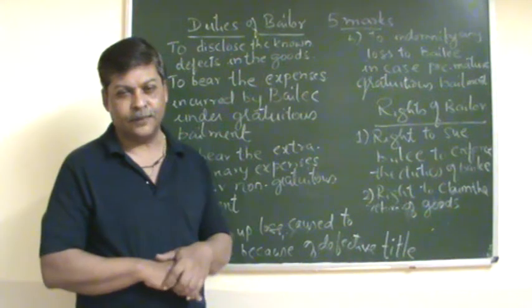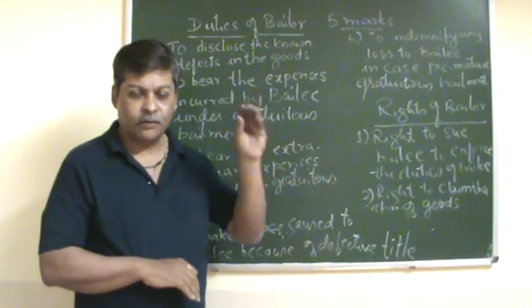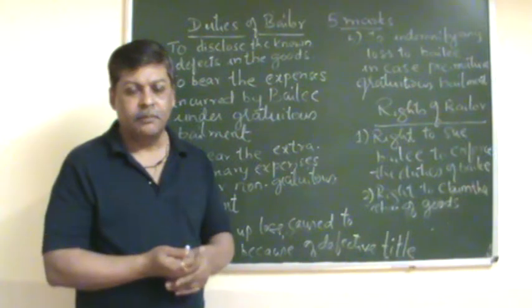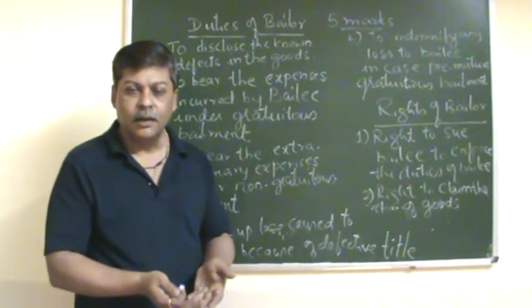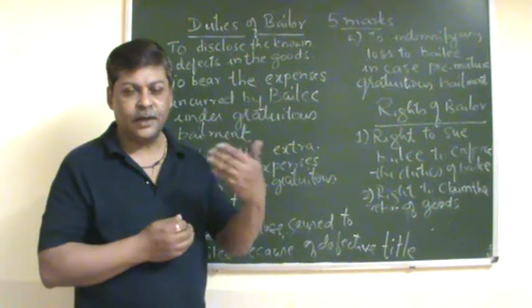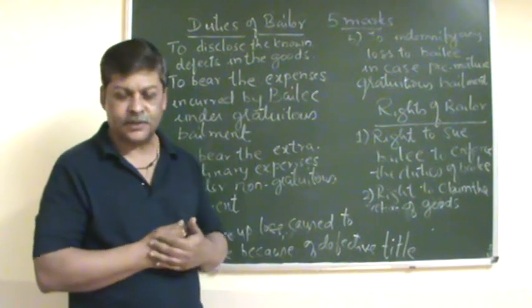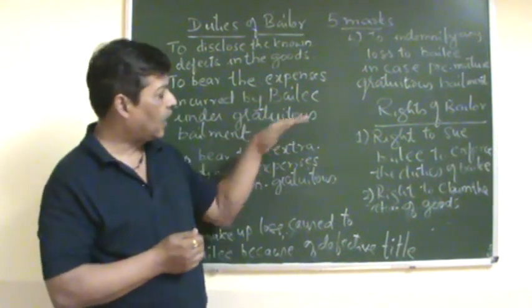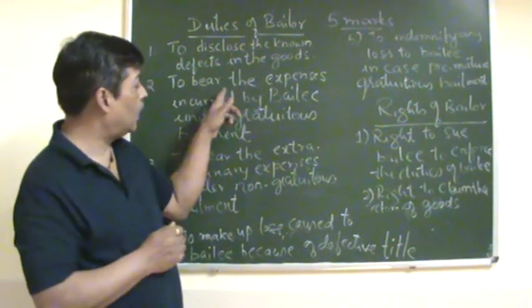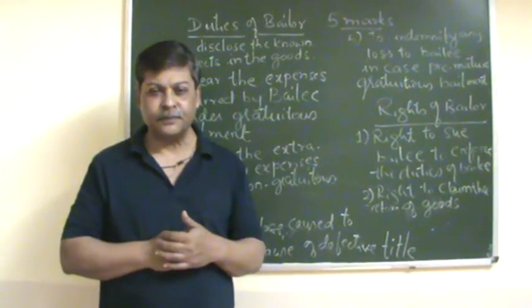It is his duty. In the protection of those bailed goods, which have been delivered to him, to safeguard them, he incurs certain expenses. In that case, the bailor has to reimburse it. He has to bear those expenses.